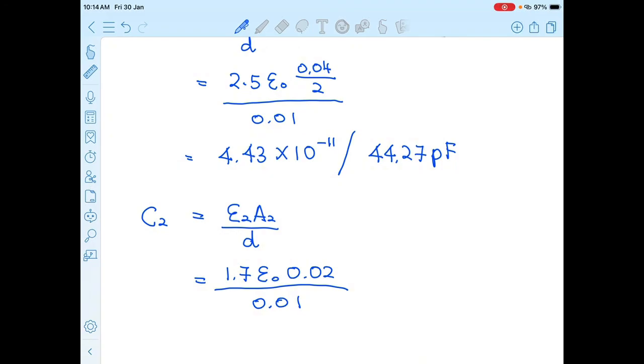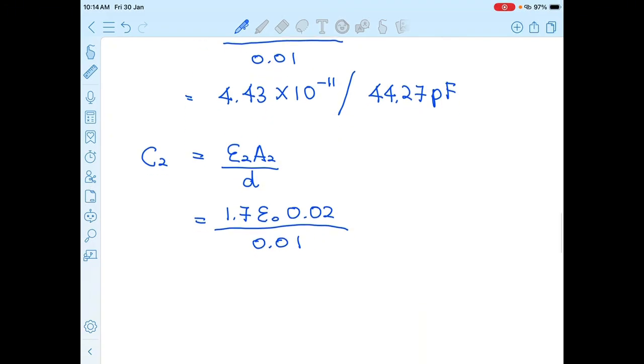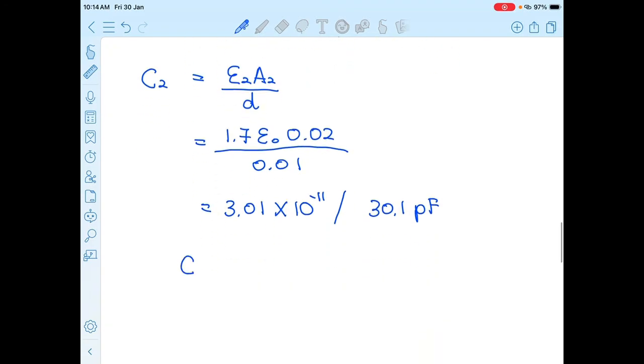The answer is 3.01 times 10 to the power negative 11, or 30.1 picofarad. So this is C1 and C2.